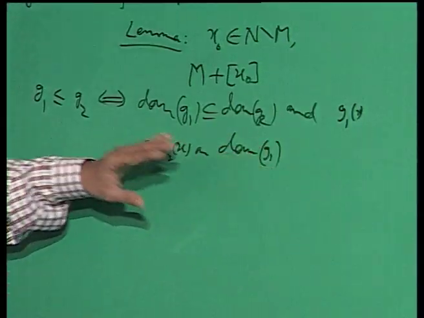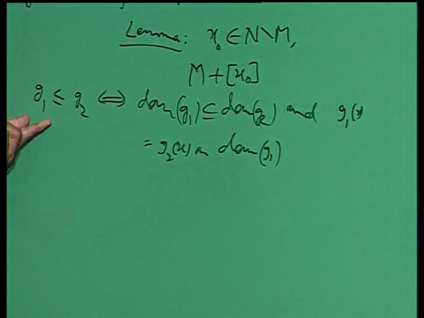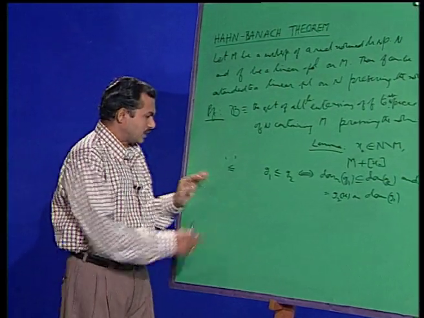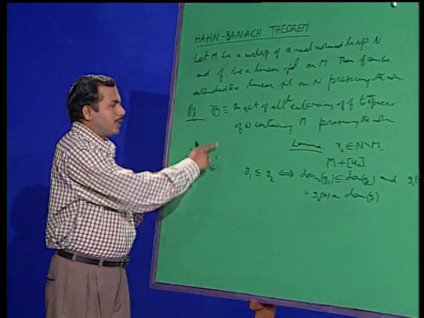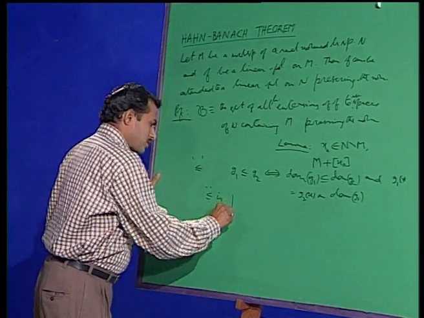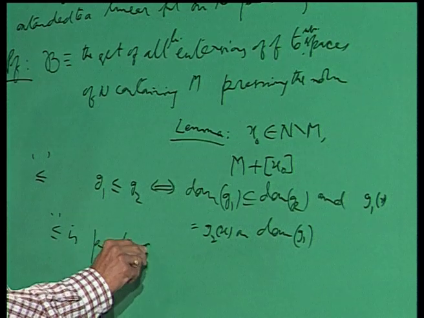That is how we define the ordering on the set capital B. In fact, one can show that this ordering becomes a partial ordering on the set capital B.